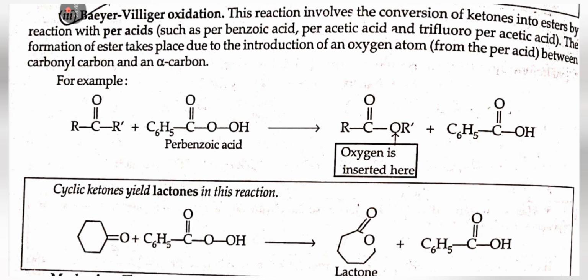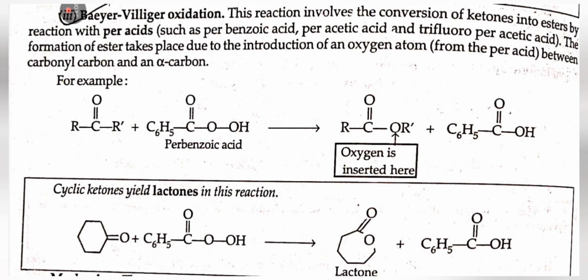The formation of esters takes place due to the introduction of an oxygen atom between the carbonyl carbon and the alpha carbon. R-C(=O)-R' on reaction with perbenzoic acid will give the ester, where oxygen is inserted here, plus C6H5COOH.